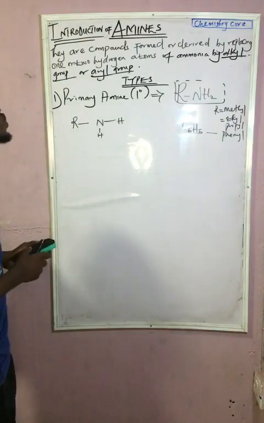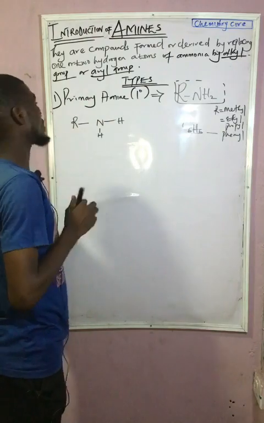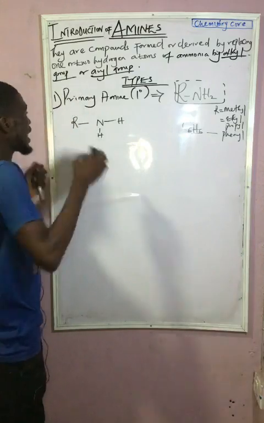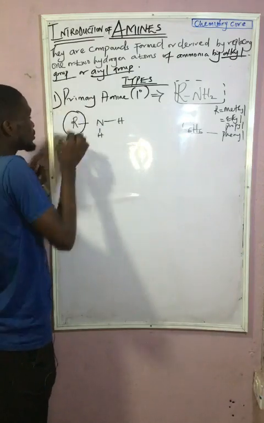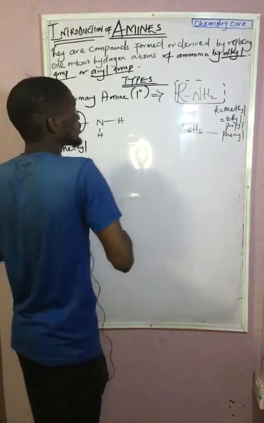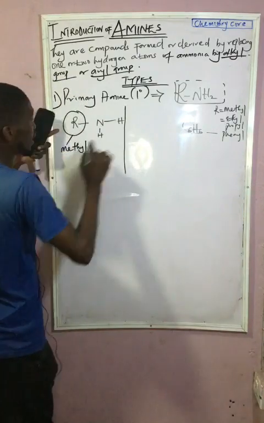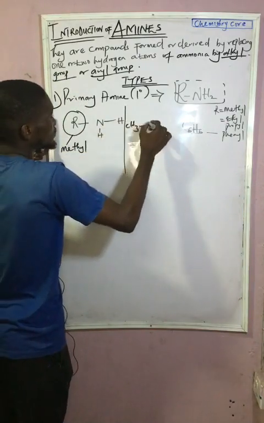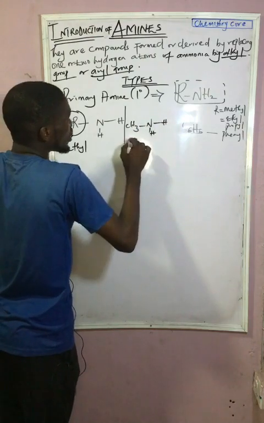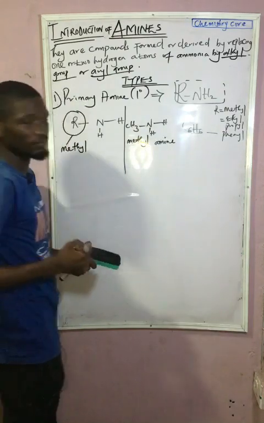So now, we want to form a compound from this. So guys, I'll be making use of methyl and phenyl. So guys, let's replace this our R by methyl, and let's see what we are going to have. For the first one here, say we have CH3, your N is there. So it is called methylamine.